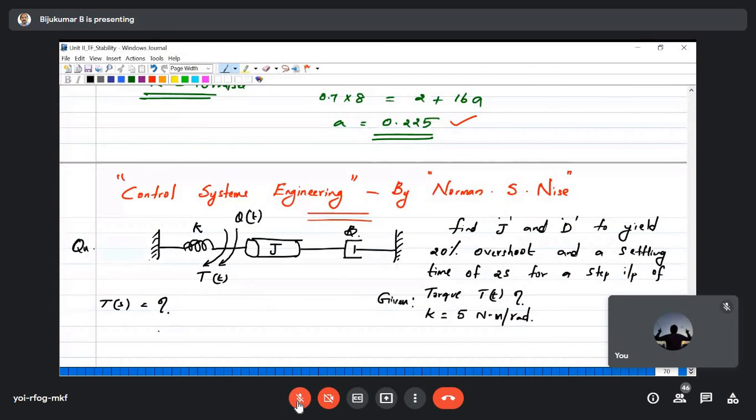The applied input is T(s), equal to the torque due to the inertia element: moment of inertia times d squared theta by dt squared, plus D times d theta by dt, because both are connected to the reference point, so there is no difference in torque, plus K theta. If you apply the Laplace transform, you can find the transfer function.